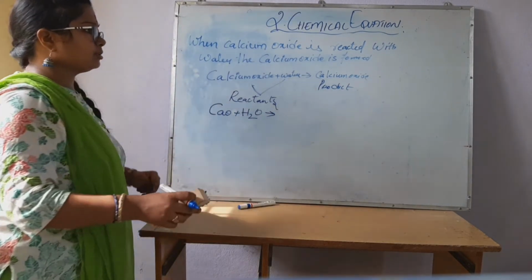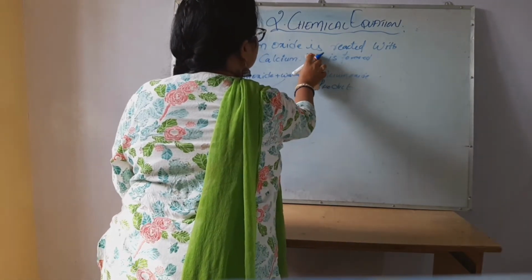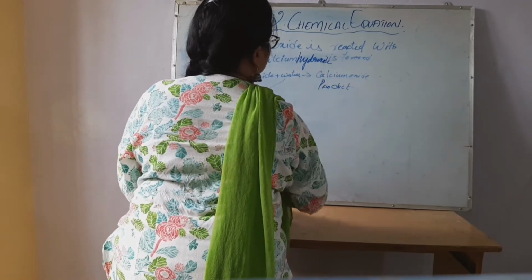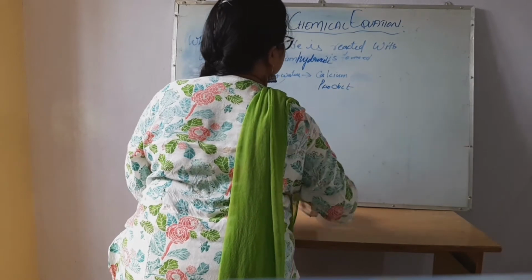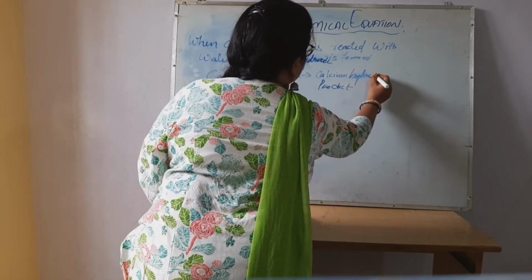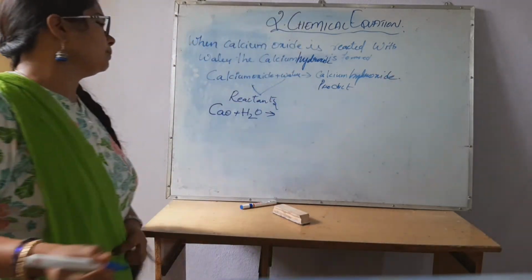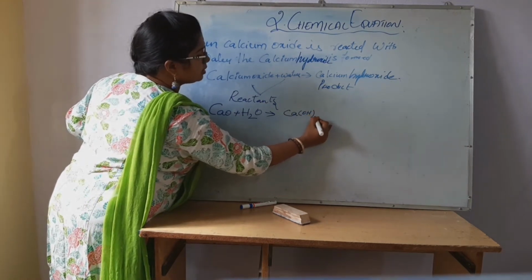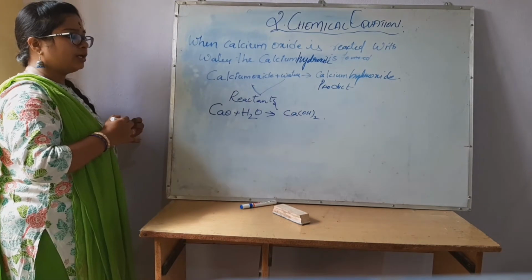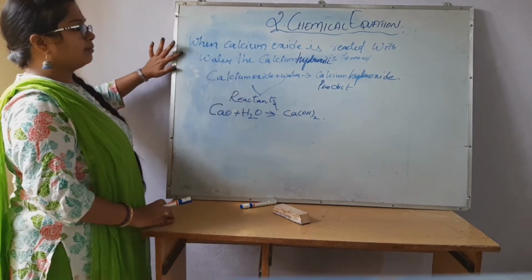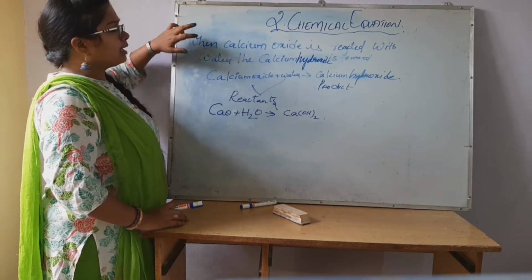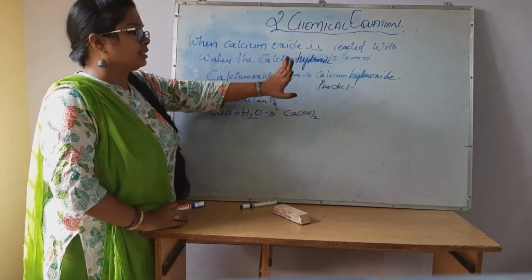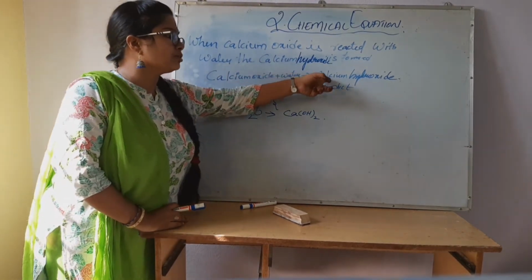Calcium hydroxide, Ca(OH)2. When calcium oxide is reacted with water, the new substance formed is calcium hydroxide. Calcium oxide plus water will give rise to calcium hydroxide.